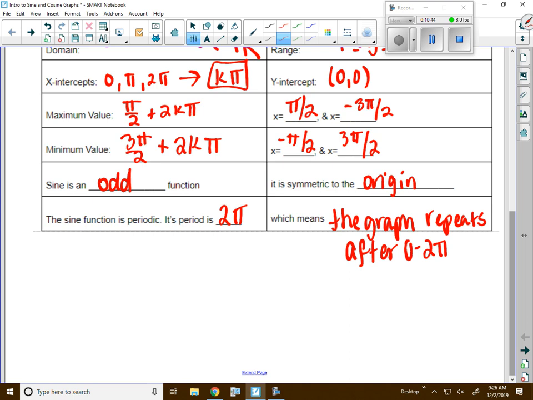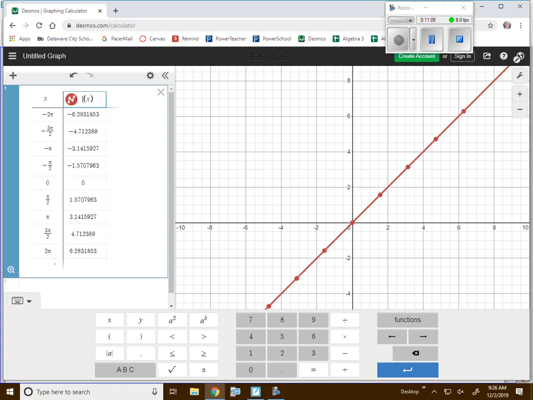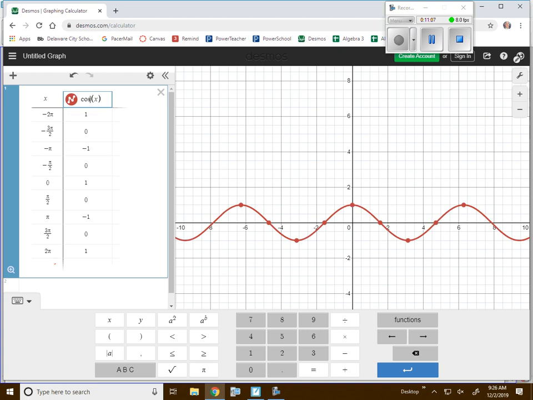Okay, cosine will fly by. I already know what we're doing. So I want you to go to Desmos. You don't need to redo anything, so don't delete it. You're just going to go up here to where sine is at and replace SIN with COS, and it will change everything for you. Easy peasy.